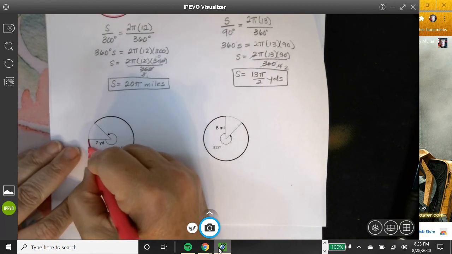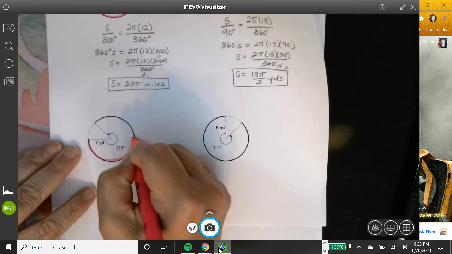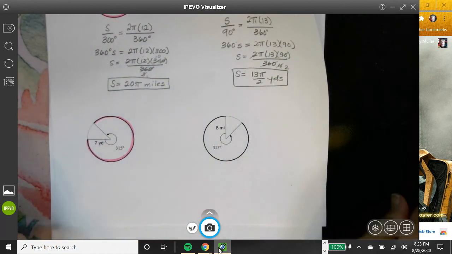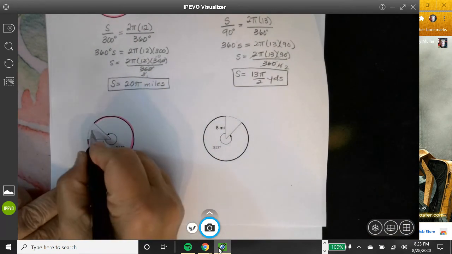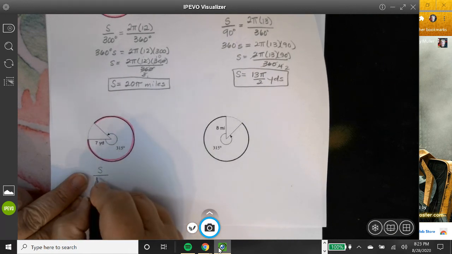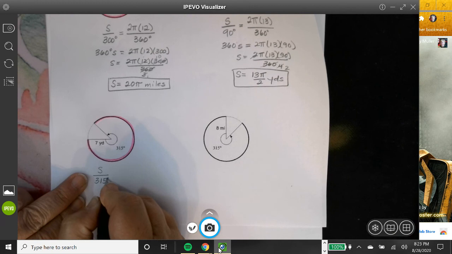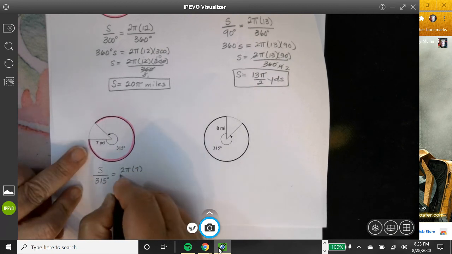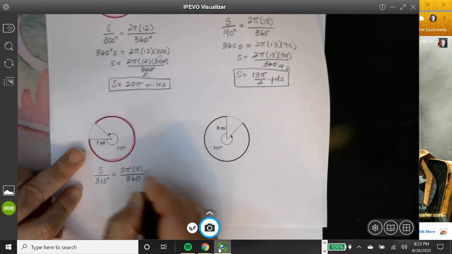Here you go. Now I want this arc length. So using the arc length formula, I'm going to say this arc length, this pink one, S, is to the angle that's intercepted, 315, equals 2 pi r, which is times 7, over 360, right?